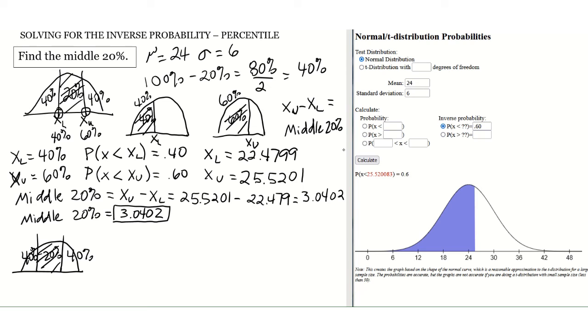So because we're solving for a middle value, and we've got upper and lower percentage values, then what we can do is solve for the lower 40% and then solve for the upper 40%.